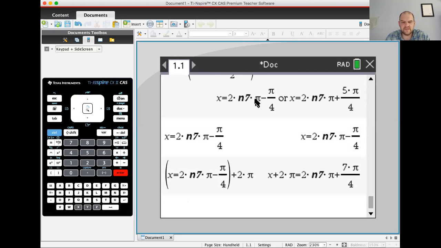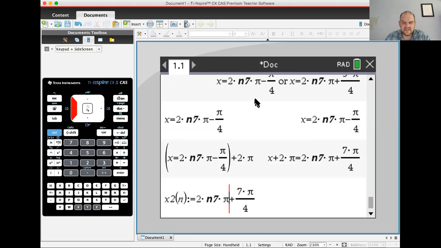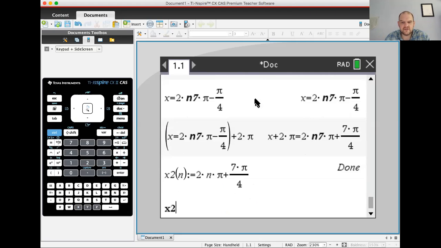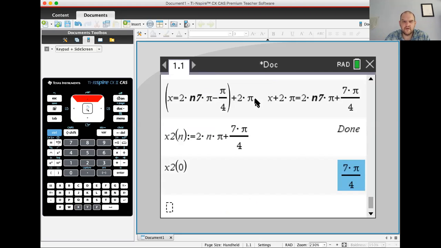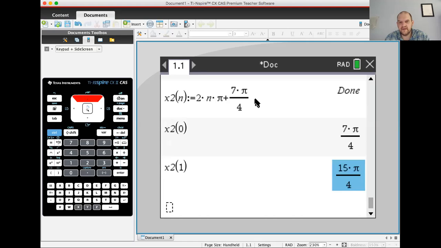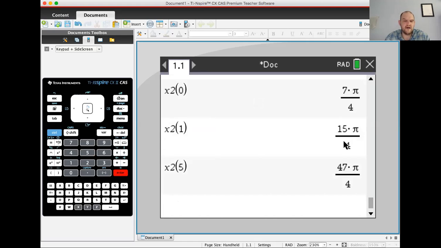So what I'm going to do is say x2 of n is equal to, pull this part, and then change this from this bolded n to just a normal n. And now I can do x2 of 0, x2 of 1, and I can just punch it in, and if I want to know when it's 5, I get this. So that's definitely a thing that you want to try to do. Just get amazing at using your calculator.